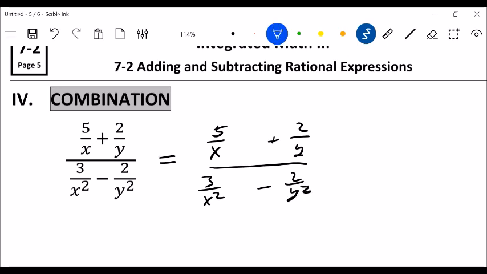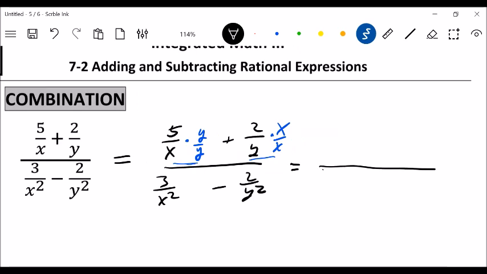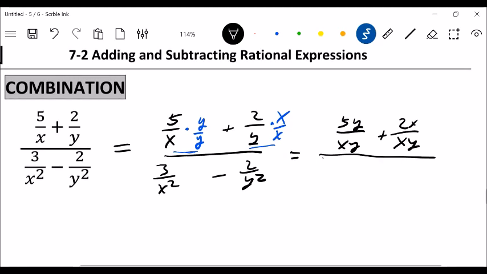I'm going to deal with each one separately because I can multiply by 1 on each fraction. And notice I've chosen y over y and x over y and x over x. That is so that I can get an x times y denominator for both of these. So for this first one, I have 5y over xy plus 2x over xy, and so they both have an xy denominator.